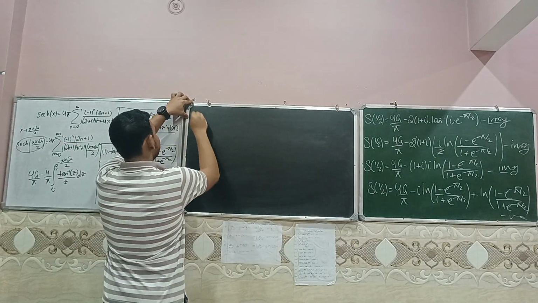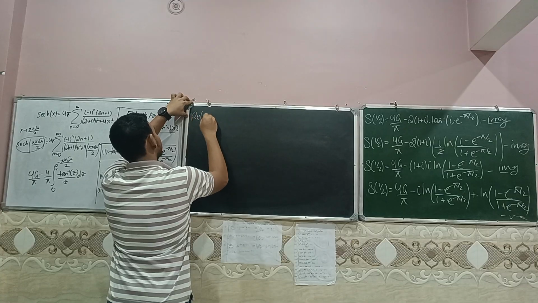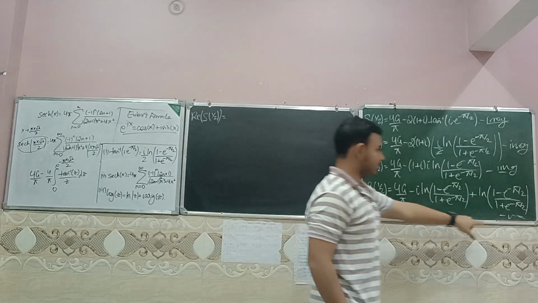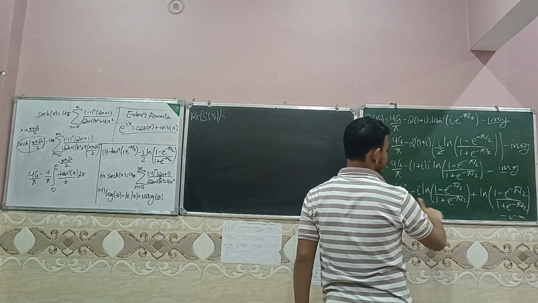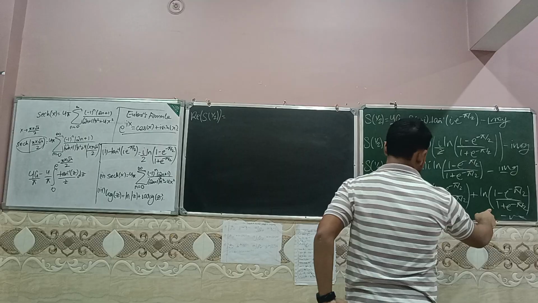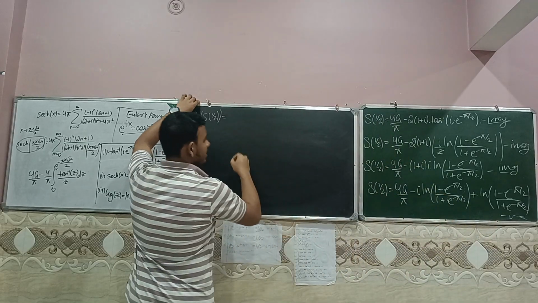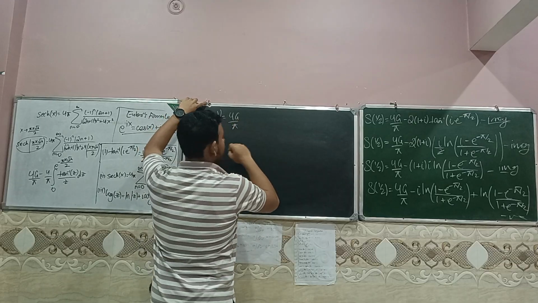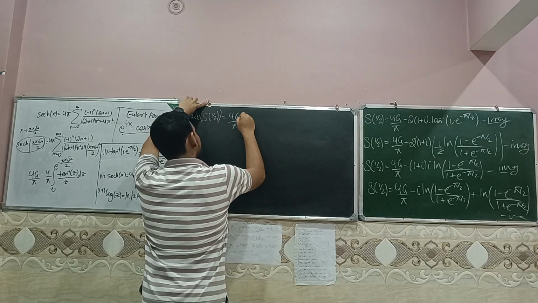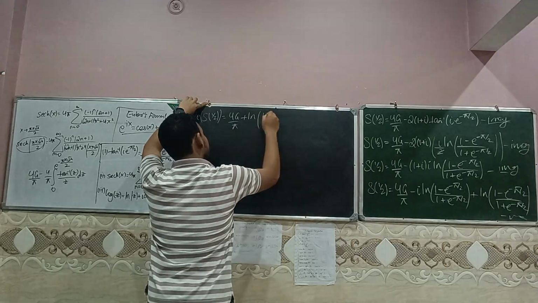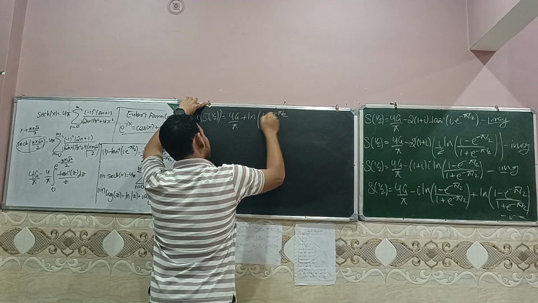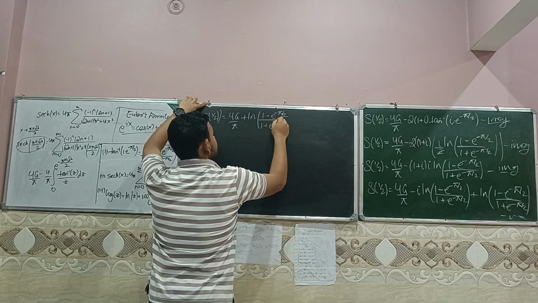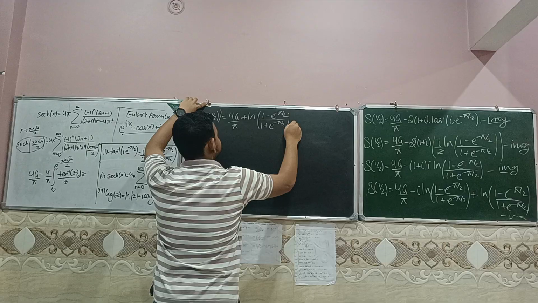And now I'm looking for the real part of s of half. So the real part, this imaginary part vanished, this imaginary part vanished, this thing and this thing is being carried out. So 4g over pi plus ln of (1 minus e to the minus pi over 2) over (1 plus e to the minus pi over 2).